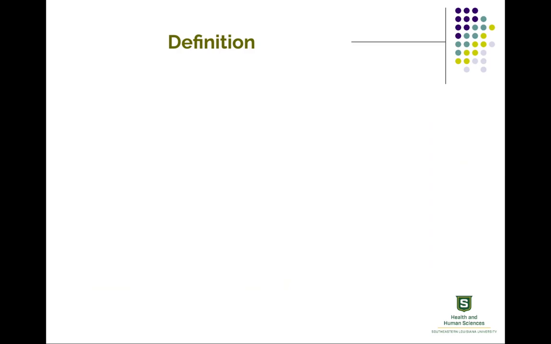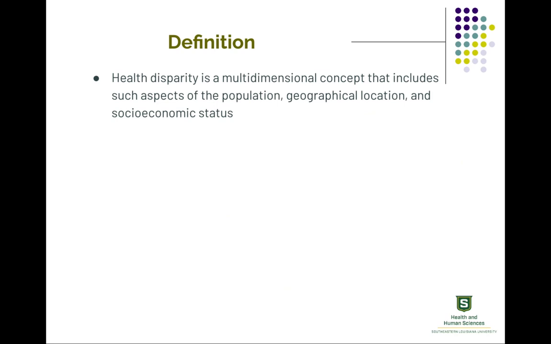Health disparity has a couple of definitions, but I'm going to take this one that says it's a multidimensional concept that includes such aspects of the population, looking at geographical location and socioeconomic status. So it is looking at all of these external things that are happening beyond the individual health choices one makes, such as whether you are eating healthy or exercising.